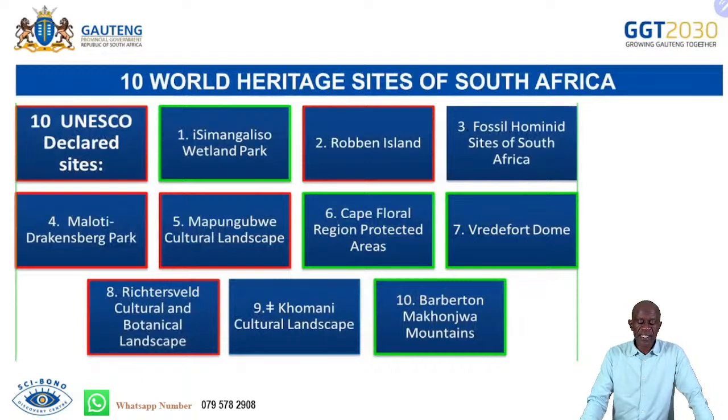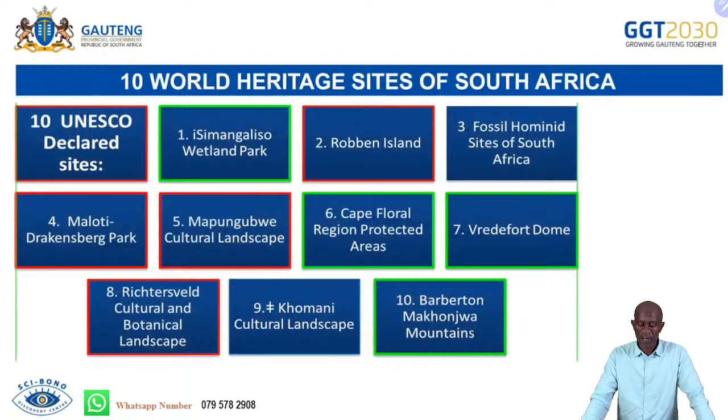The first one is iSimangaliso Wetland Park. You are required to know and understand. Followed by Robben Island. Followed by fossil hominid sites of South Africa. The Maloti Drakensberg Park. Mapungubwe Cultural Landscape.